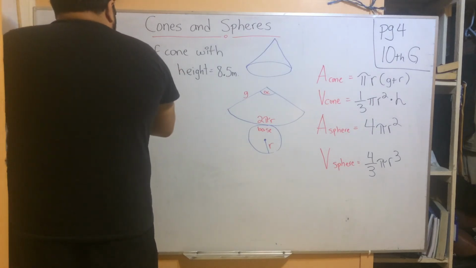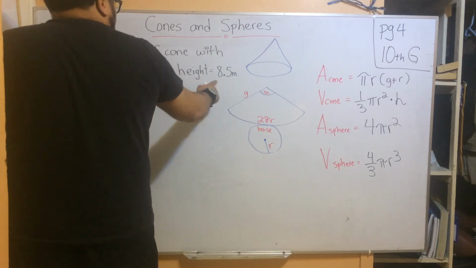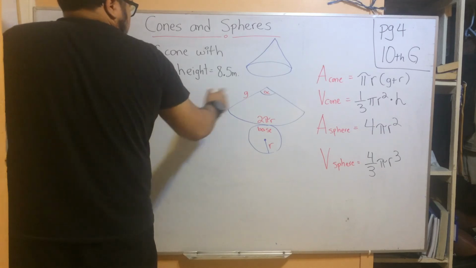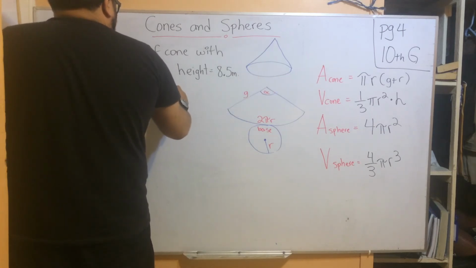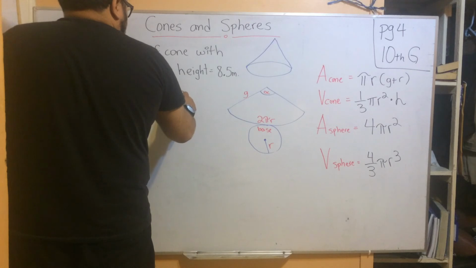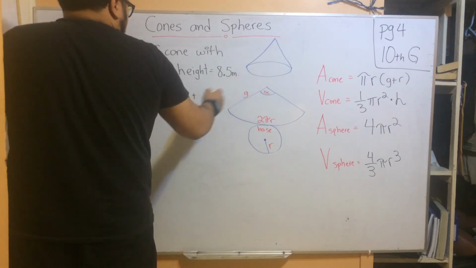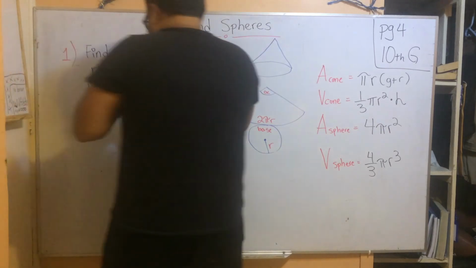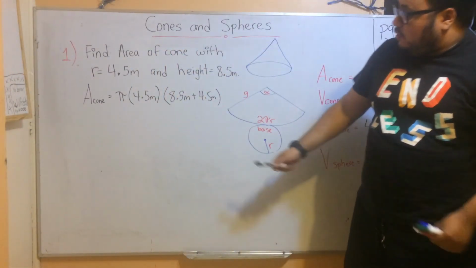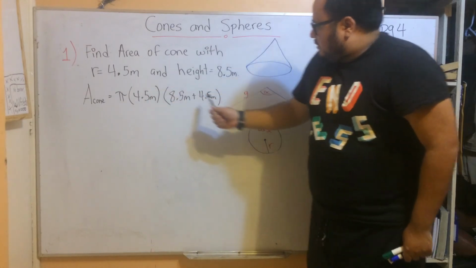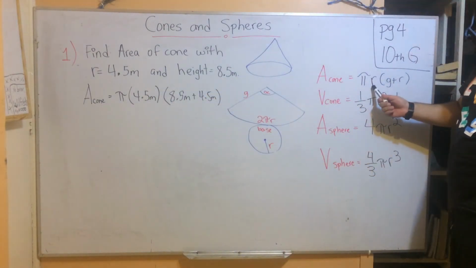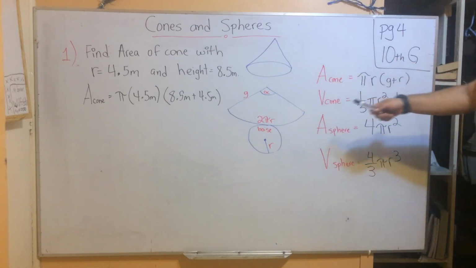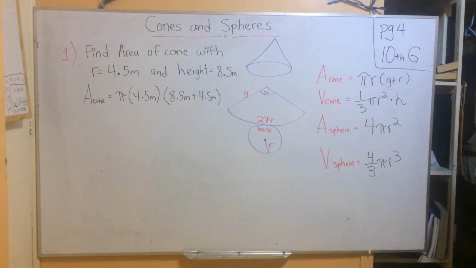So we have pi, then r, which is 4.5, times the height, which is 8.5 meters, plus the radius, which is 4.5. Here we're just substituting. If you notice, r is here from the formula r, and inside the parentheses we have G plus r, which would be the slant, plus the radius.